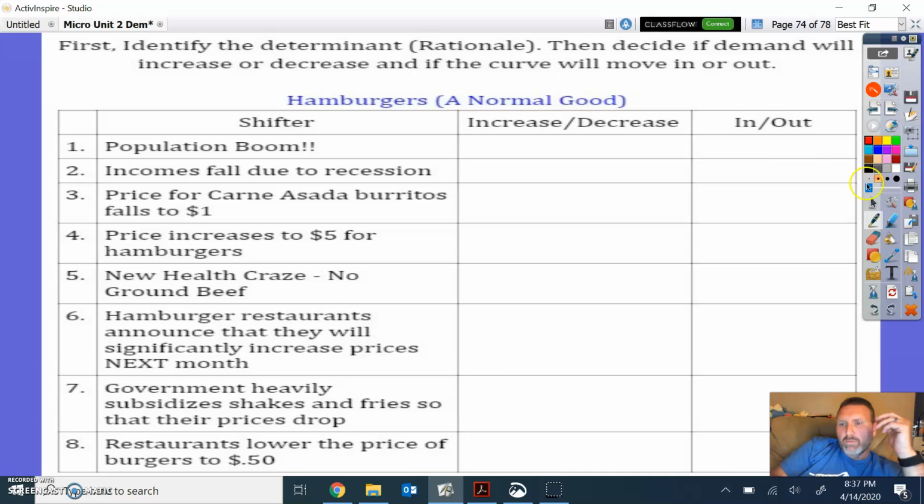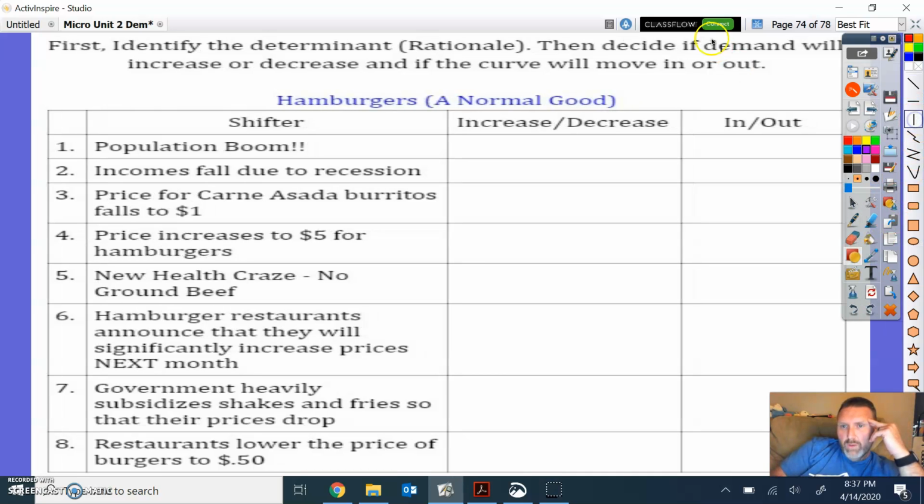So remember, if we draw the demand curve, when we do this the right way, give me a second here. Okay, here's our demand curve, and there's our demand curve. We always say when the curve moves, we want to say 3 things. We want to draw the new curve.